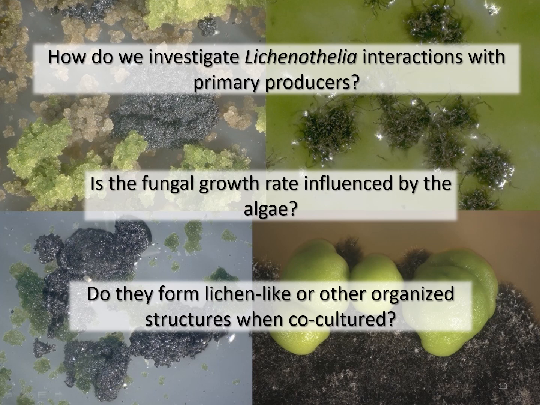So, does the fungus use the photosynthesis products of the algae, does the presence of the algae influence and maybe speed up the growth rate of the fungus, and may the fungus and the algae growing together build more organized structures that recall in a way a lichen thallus?